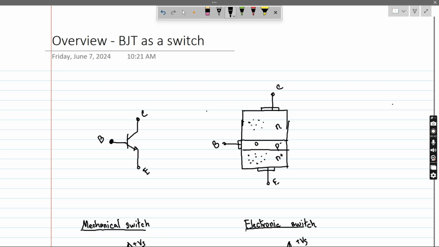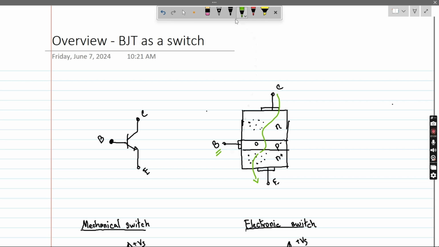The collector consists of a moderate amount of free electrons, and the base consists of a very small number of free holes. The BJT is mainly expected to carry the load current from its collector to the emitter, and the base is used to control the amount of current that flows through it.